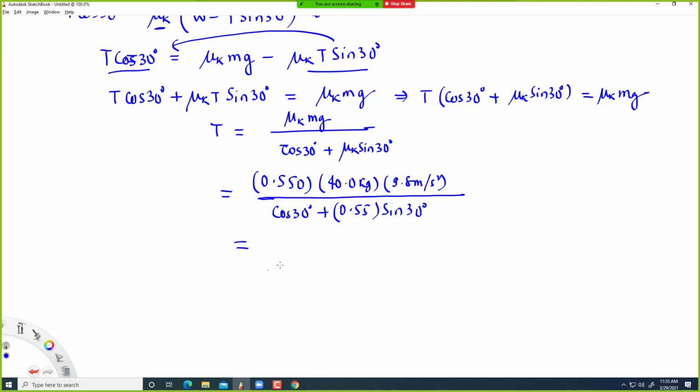If you do the calculation, you get 189 Newton. I may be wrong, so please double check that.